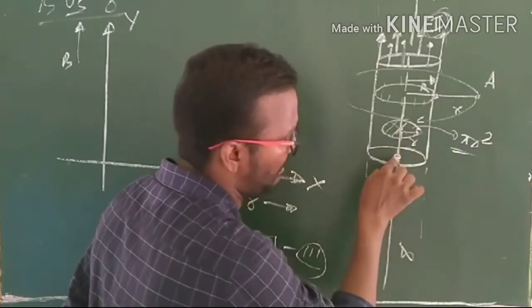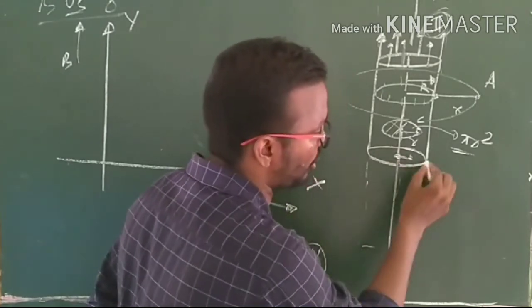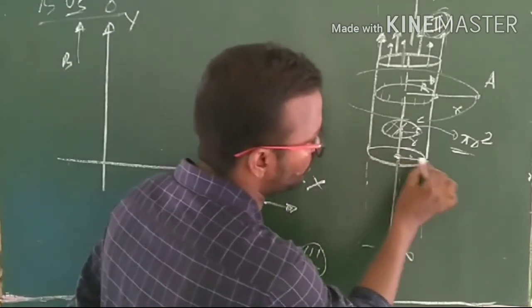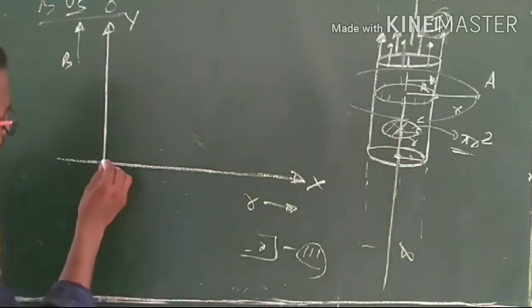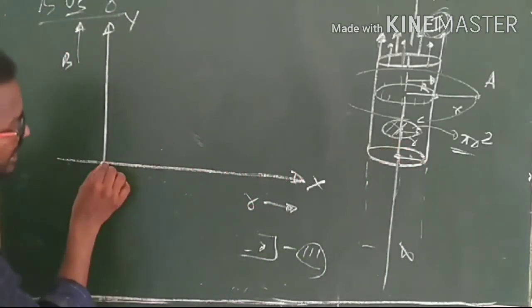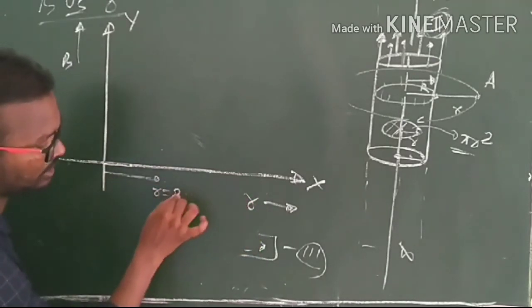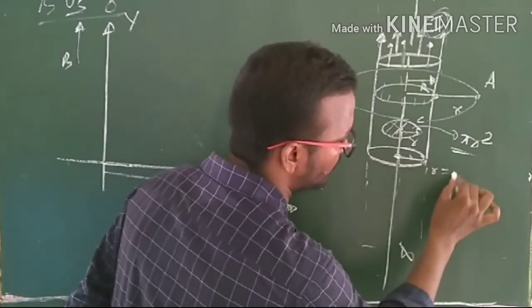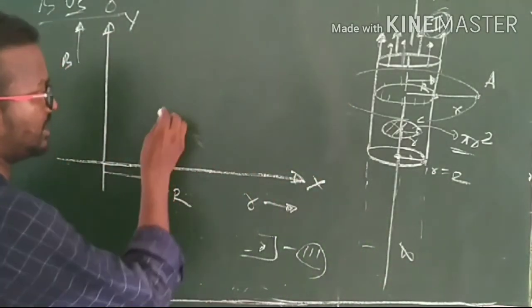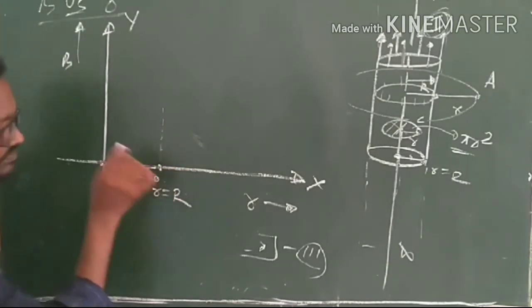On the axis, the magnetic field is 0. If we increase the distance from the axis up to the surface of the hollow cylinder, r equal to R, the magnetic field strength is still 0.